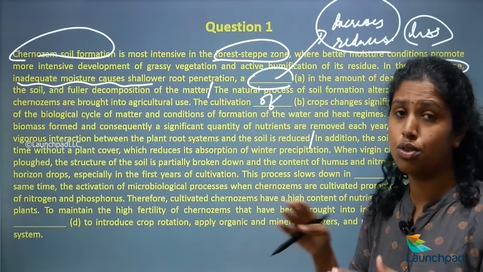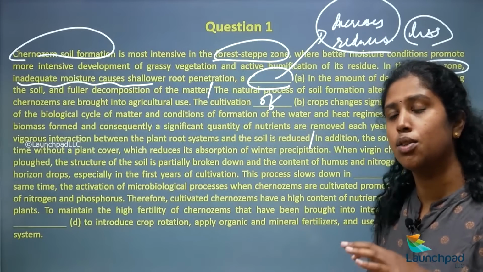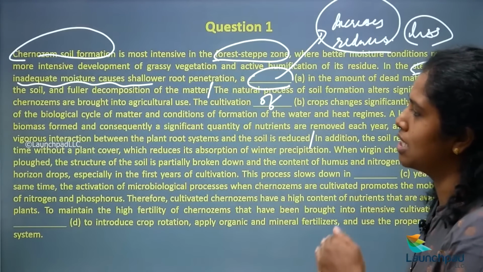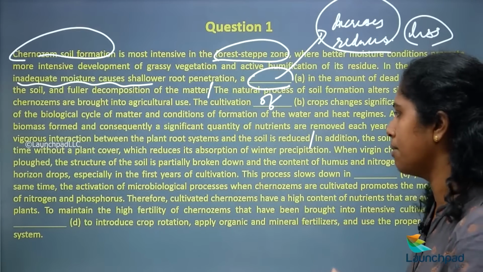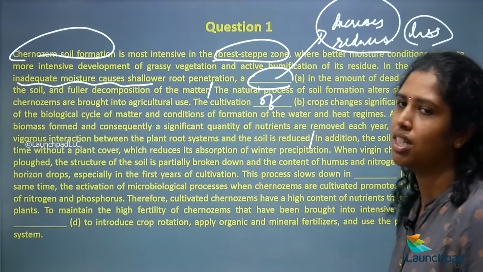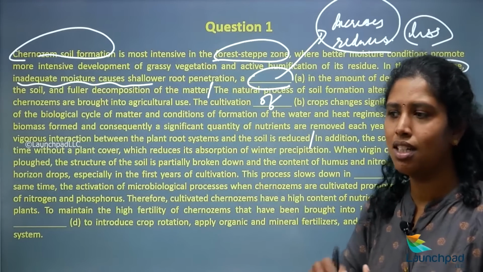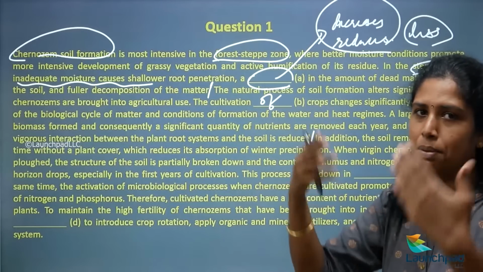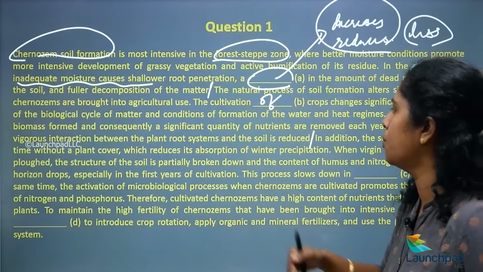So when you're using this Chernozem soil, you need not use any other extra remains, because this can stay for a longer time, which reduces its absorption of winter precipitation. What is winter precipitation? During winter, the moisture in the soil will get precipitated. So they're telling that this would be avoided.